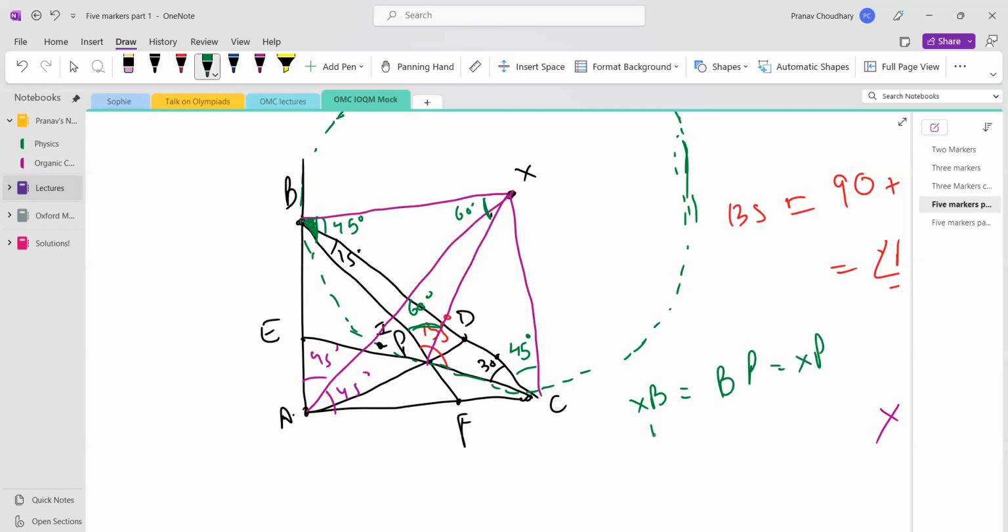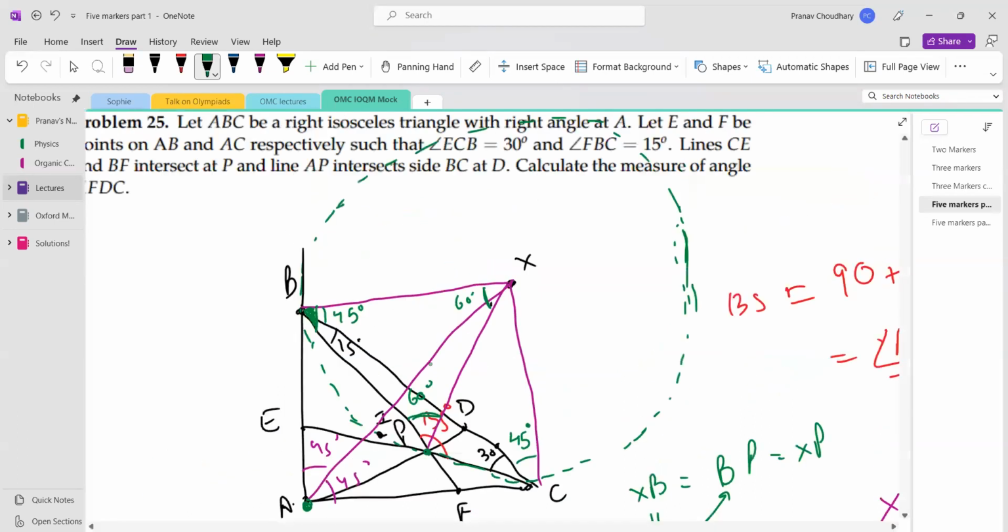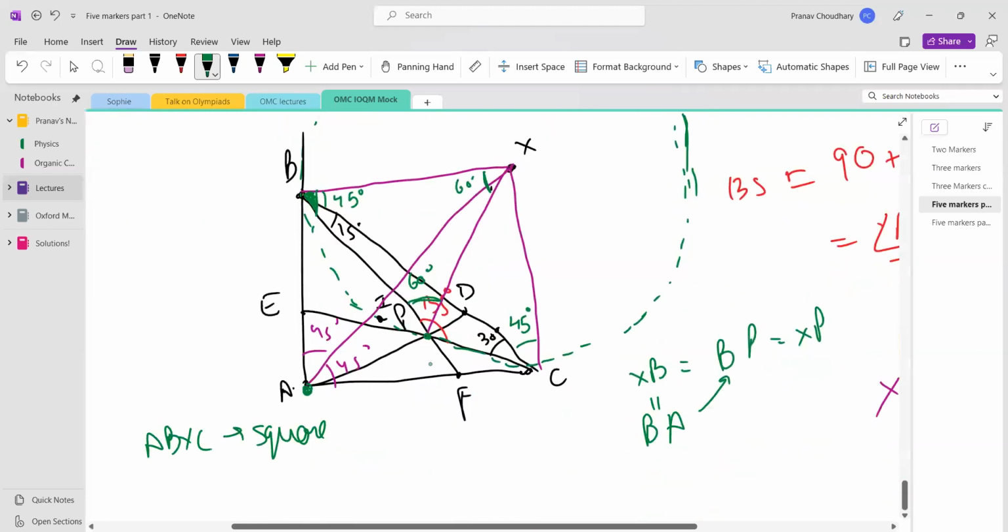And we know that XB equals BA because ABXC is a square. So BA equals BP, which means, okay, wait, which angle do we have to find? FDC, right? Okay, BA equals BP, and you know that this angle is 30 degrees. Like this angle is 15 and angle B is 45, right?